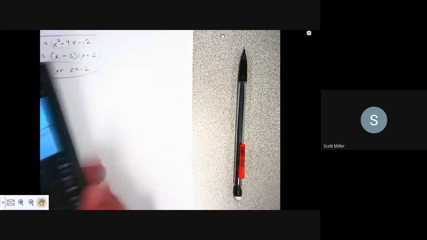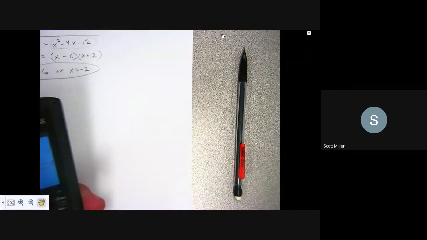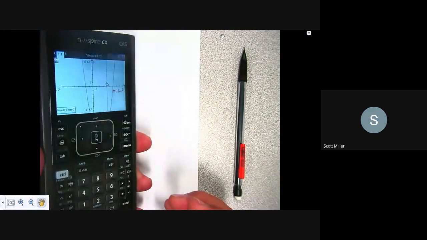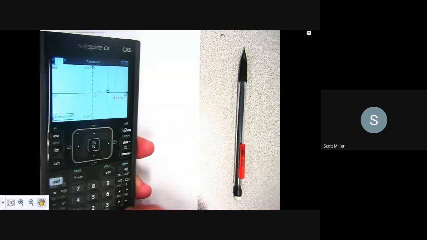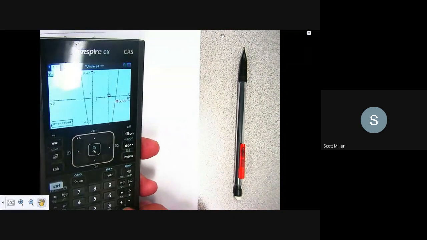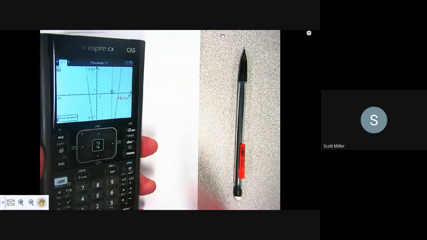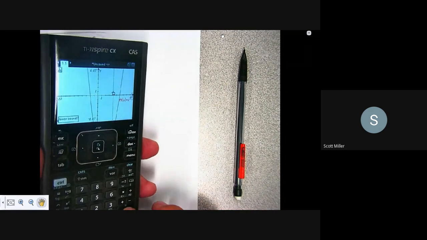Don't get too far away, but you don't have to be right up next to it. See how far I am from it here? I could stop there if I wanted to. I'll just hit enter, and it'll put a boundary there.